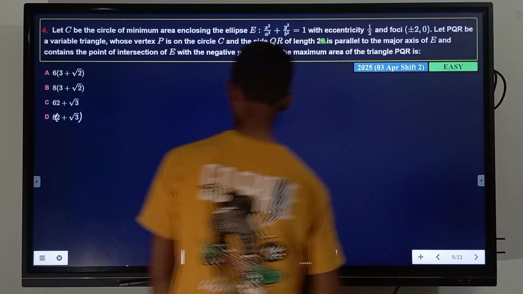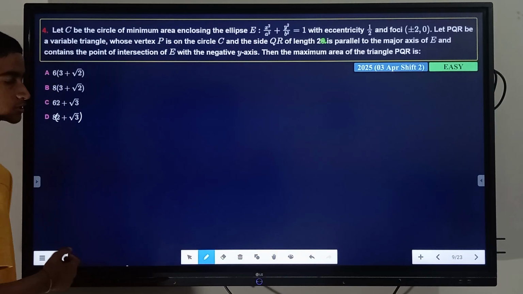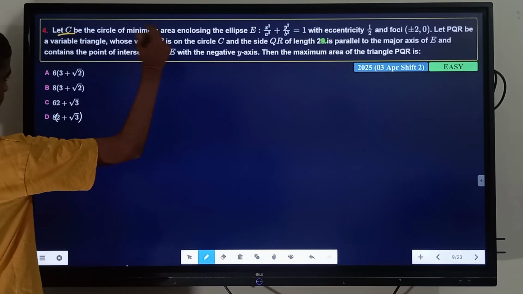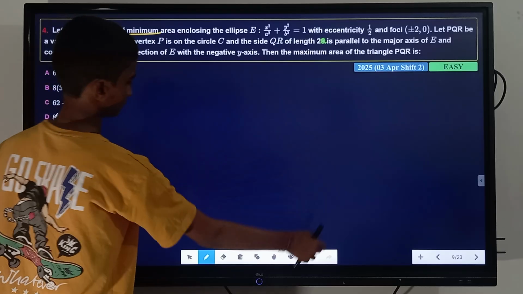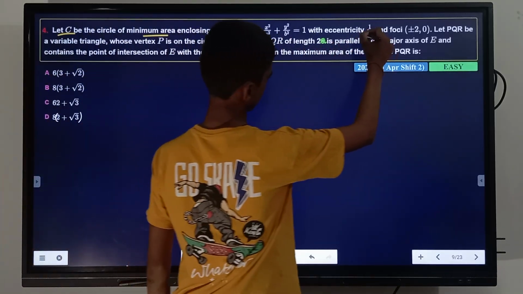Here is our next question. This time our question says, let C be the circle of minimum area enclosing the ellipse E with eccentricity half.